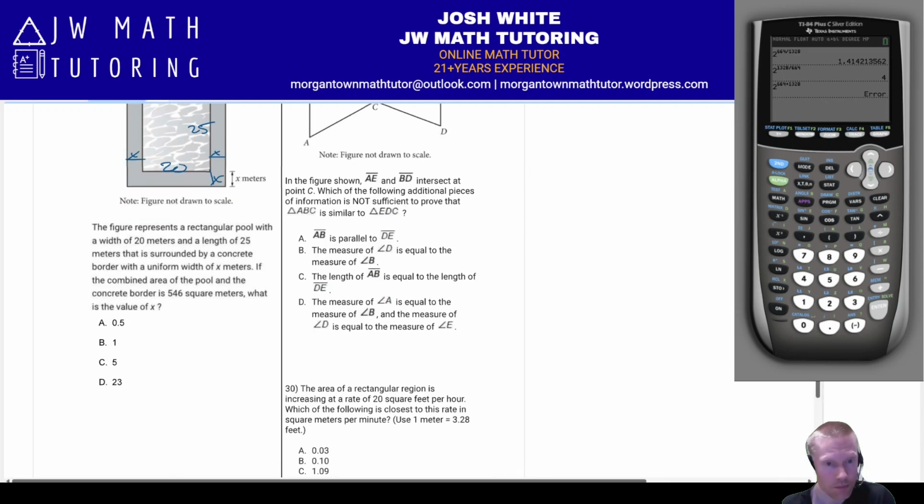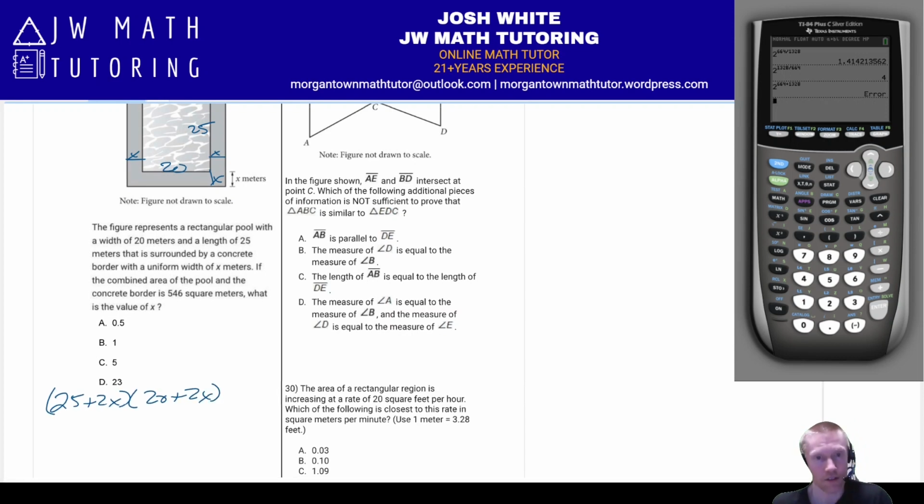And that's just going to be 25 plus 2x, because you have to add x on both top and bottom, and then 20 plus 2x, because you have to add x on both left and right. And that's equal to 546. This, you go ahead and you FOIL it out, and you'll end up with 4x squared plus 90x plus 500.